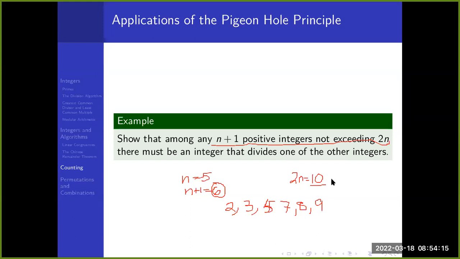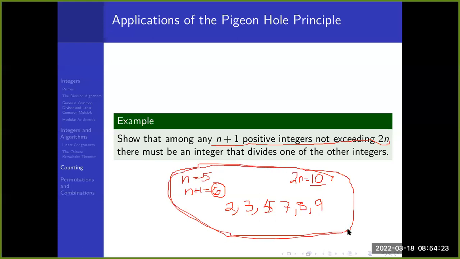So that's what the theorem is saying. This is just an example, so this kind of thing cannot be a proof. So if you are asked to prove this, please do not give an example like this. I'm just using this example so that you understand what the question is asking. So now we need to go to the proof and see how we can apply the pigeonhole principle to solve this.